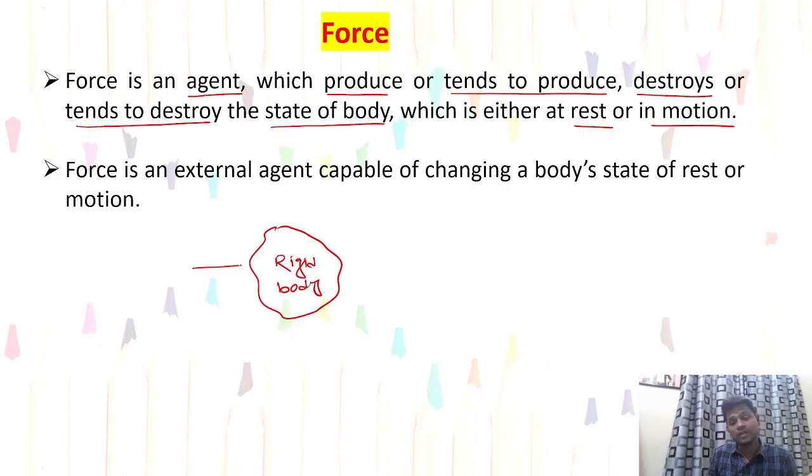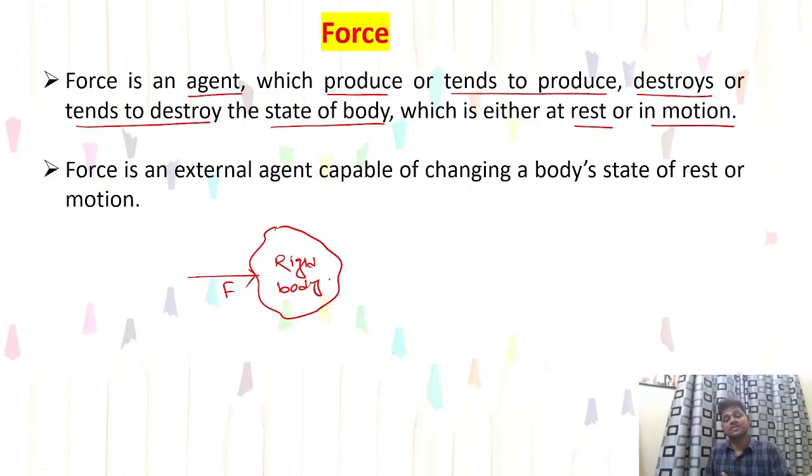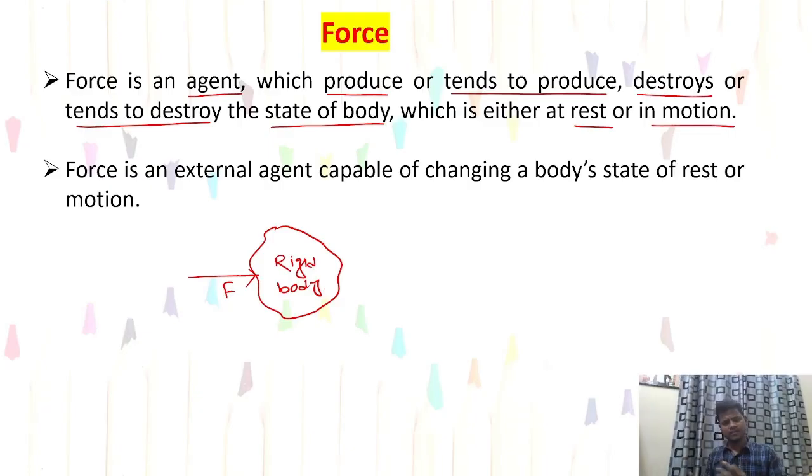If I have applied some force, and it produces or tends to produce, tends means it is capable of doing, that means it may move the body. Let's say this body is in rest condition.